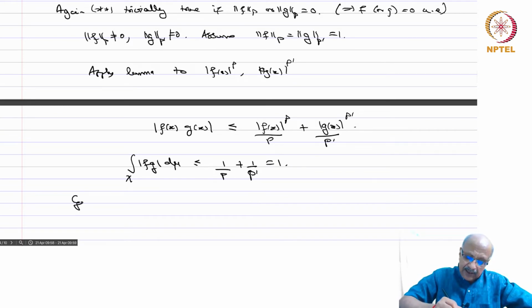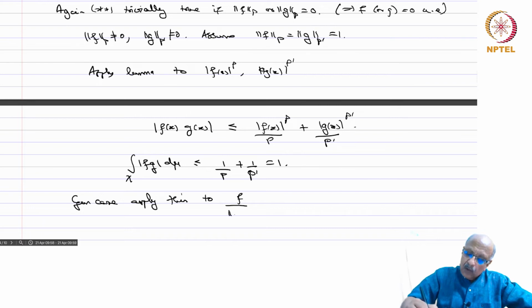For the general case, apply this to f/‖f‖_p and g/‖g‖_{p'}, then you will get double star.